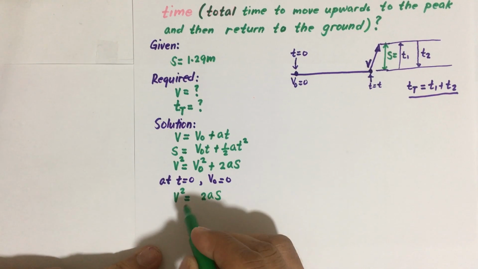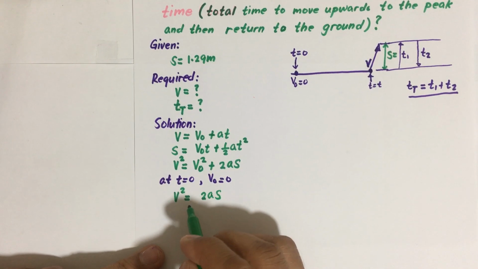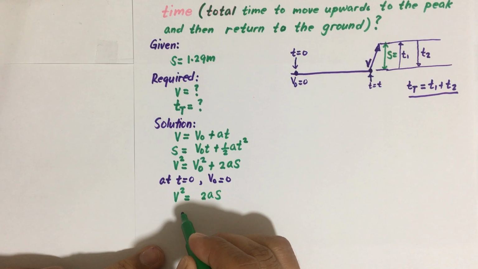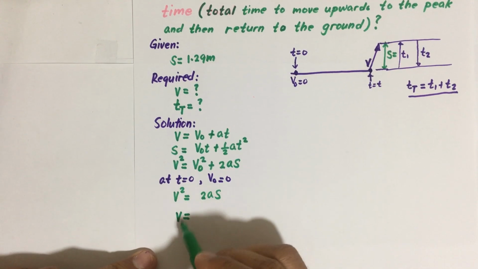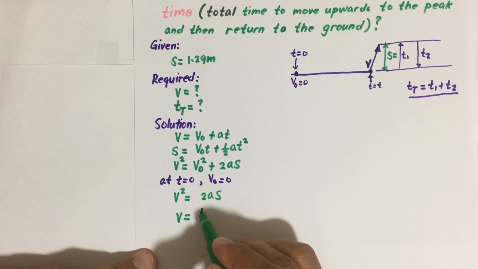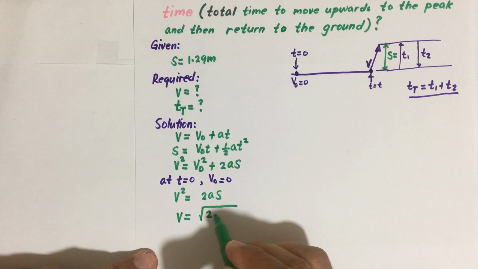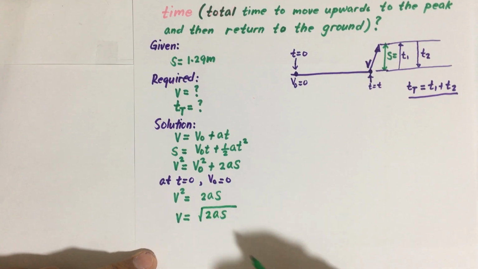Solving for the final velocity, taking the square root on both sides, the square root of v squared is v, then we have v equal to the square root of 2 times a times s.